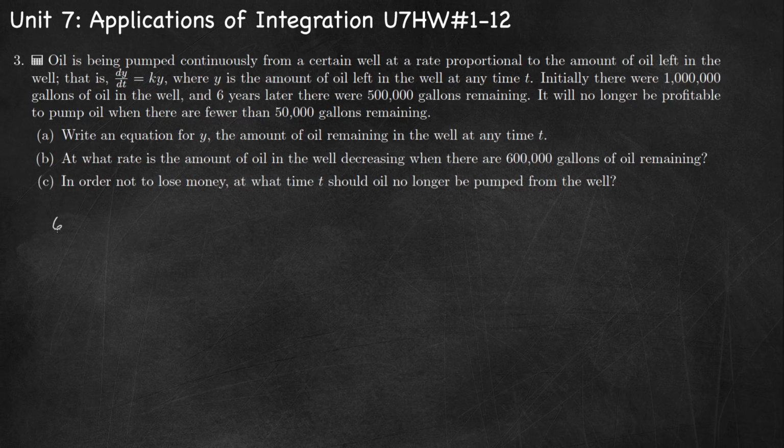So we'll let y equal 600,000 and solve for t. 600,000 equals 1 million e to the negative 0.1155t. So we can solve this for t and then use that value of t to evaluate the derivative.